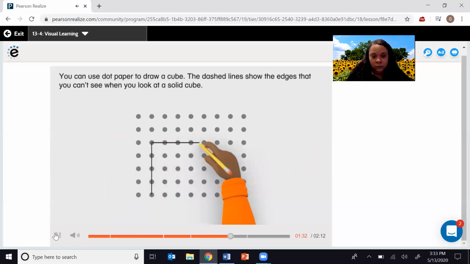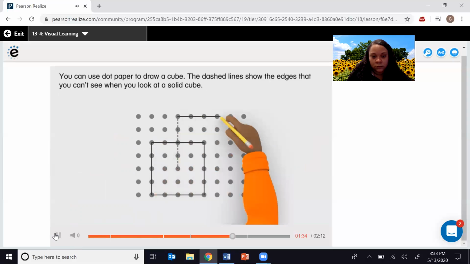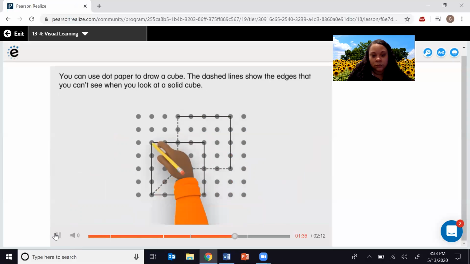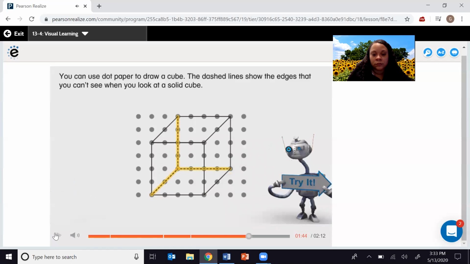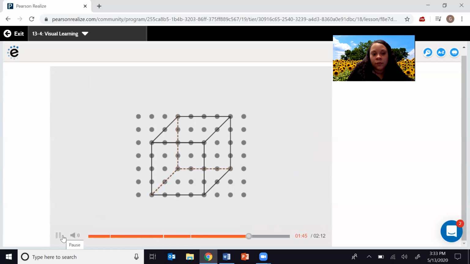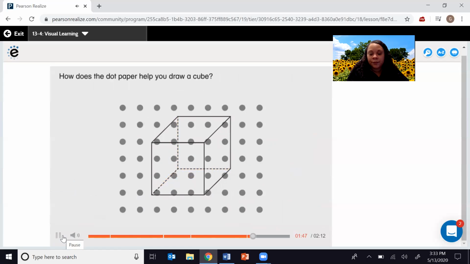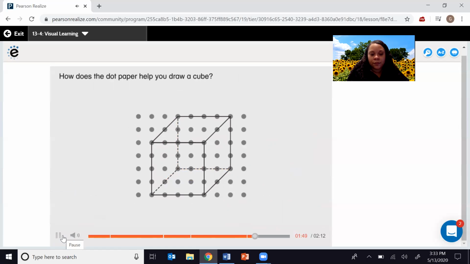To draw a cube, dashed lines show the edges that you can't see when you look at a solid cube. Does the dot paper help you draw a cube?